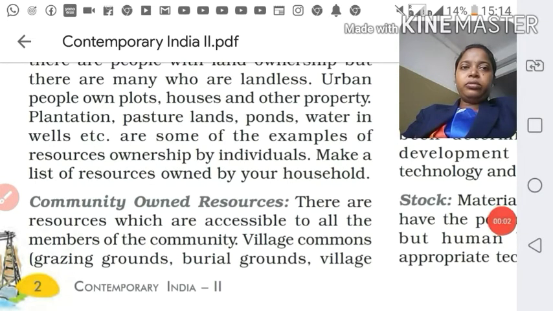So till now we already discussed the individual owned resources, and we discussed the urban and village individual resources, how the urban people and the rural people own their individual resources in their area.